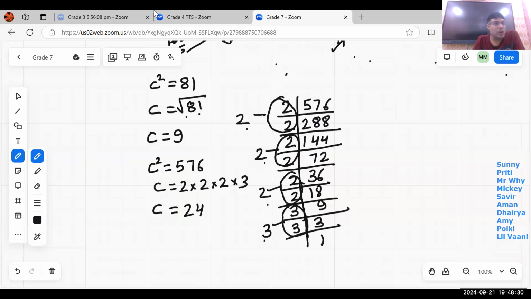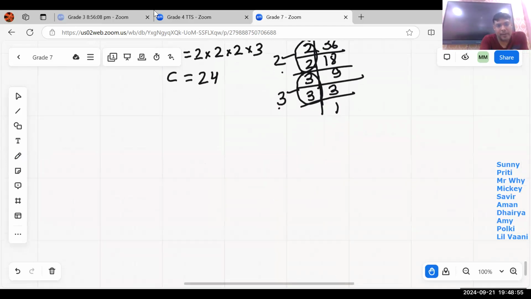Understood? Now, finding square root may not be in your curriculum, but Pythagoras theorem is in your curriculum, and when you do Pythagoras theorem, there might be a question where you have to find a square root. Understood, guys? So we will do square root. Find me the square root of 784.